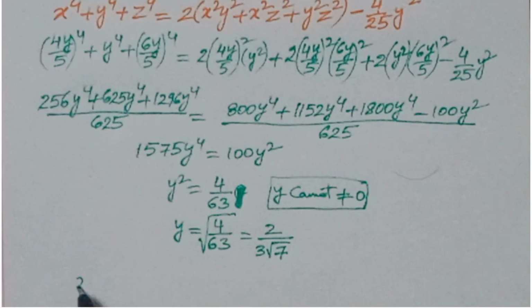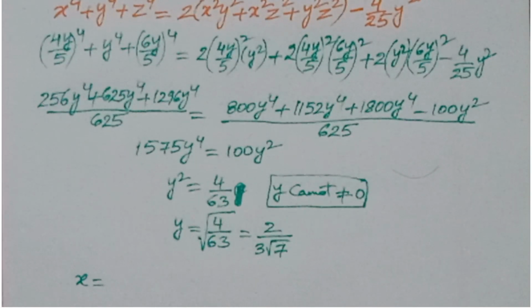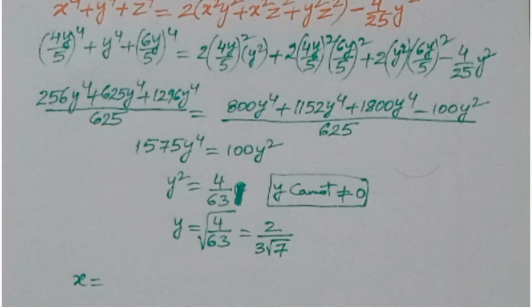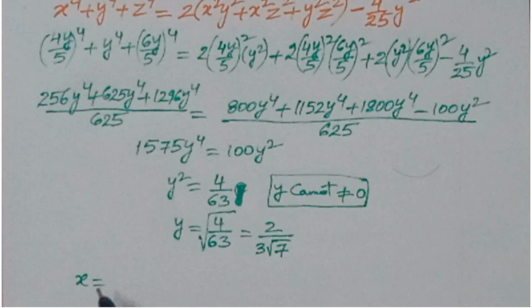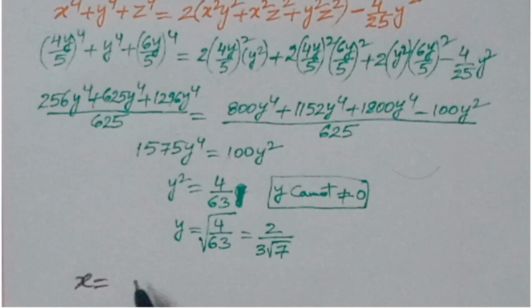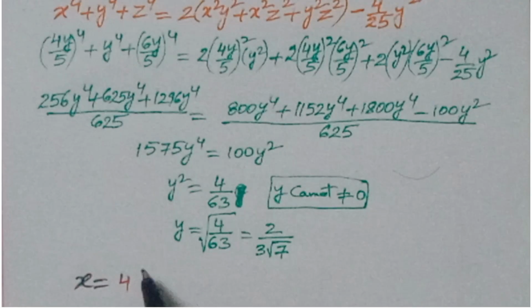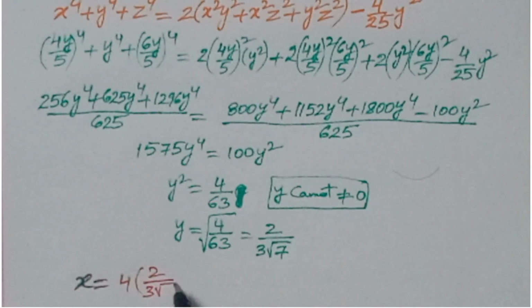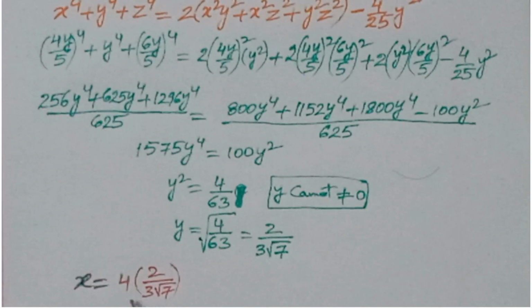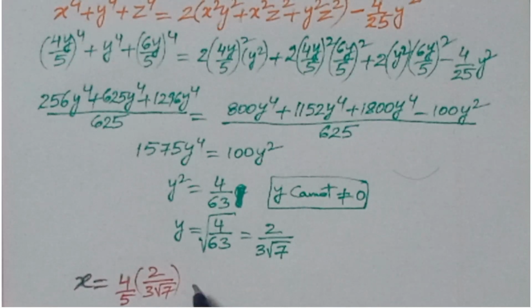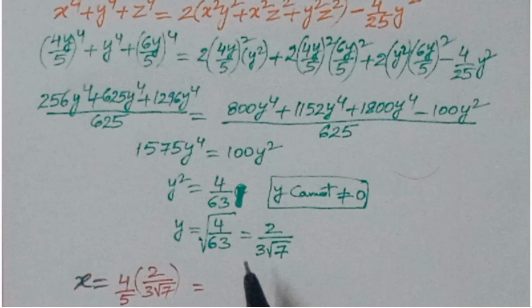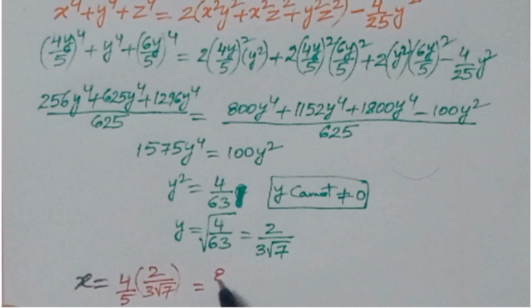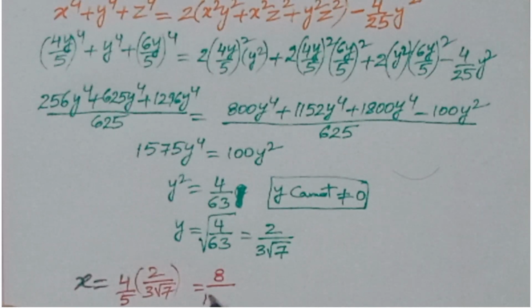So in the same way, x value is 4 into 2 by 3 root 7 by 5. So the value of x is 8 by 15 root 7.